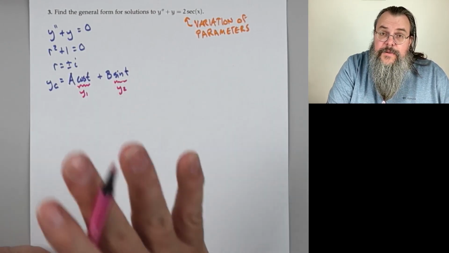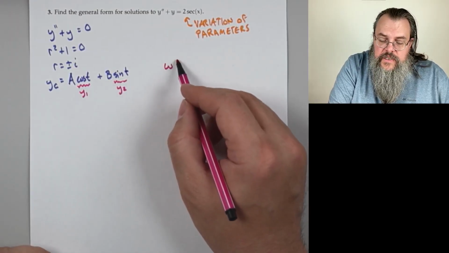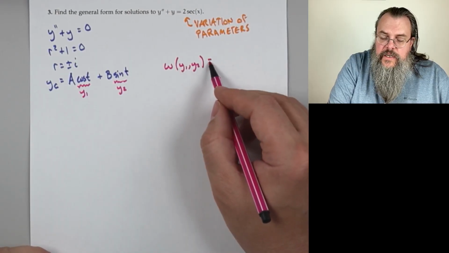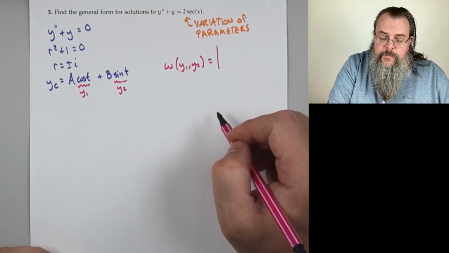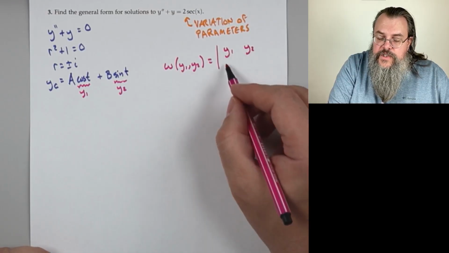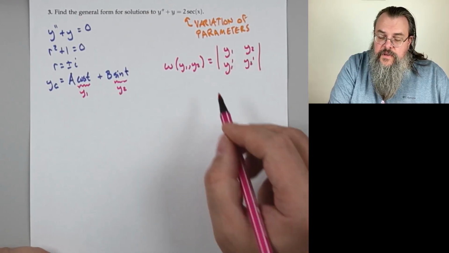Now, the next piece that we're going to need is the Wronskian. So the Wronskian, remember, is going to be a function. The way you find it is you take the determinant where you have y1, y2, the functions, and y1 prime, y2 prime, the derivatives.